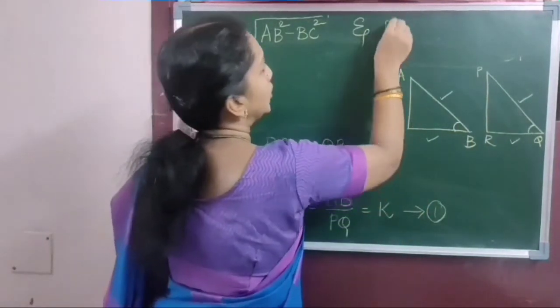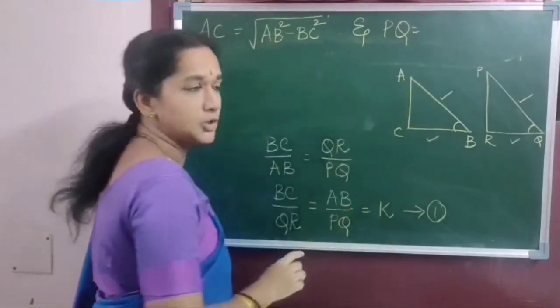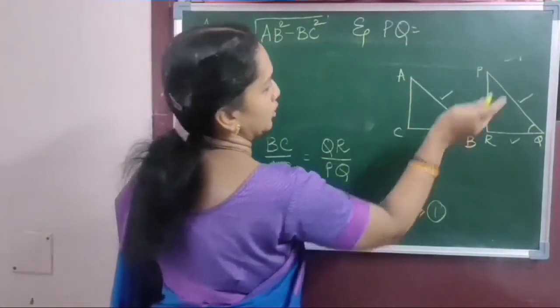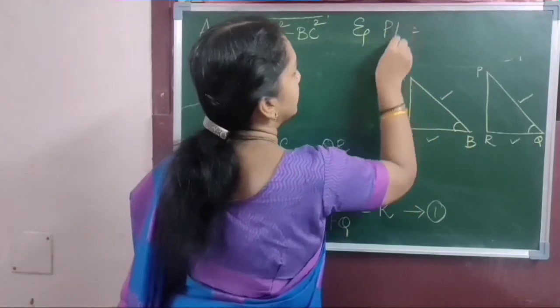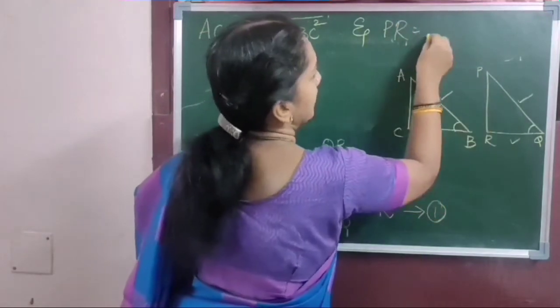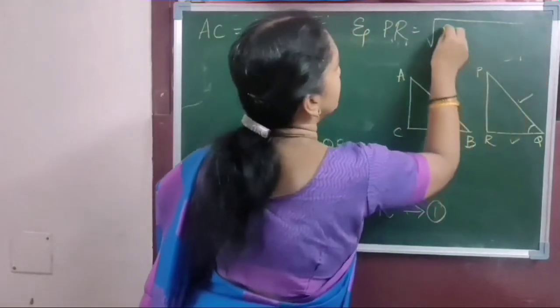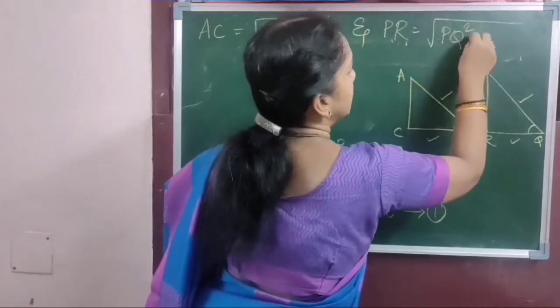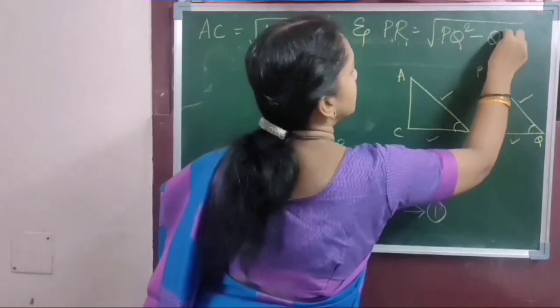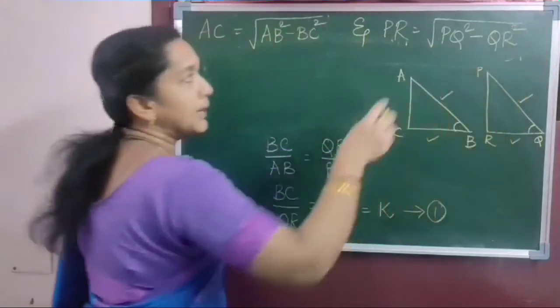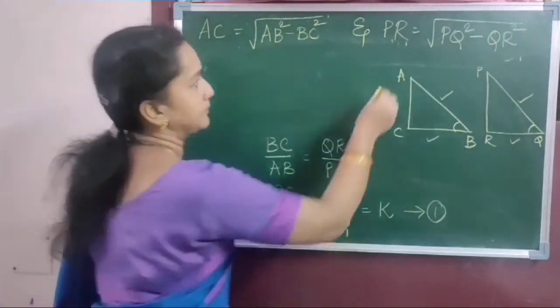And you will write PR, the other side, as root of PQ squared minus QR squared.